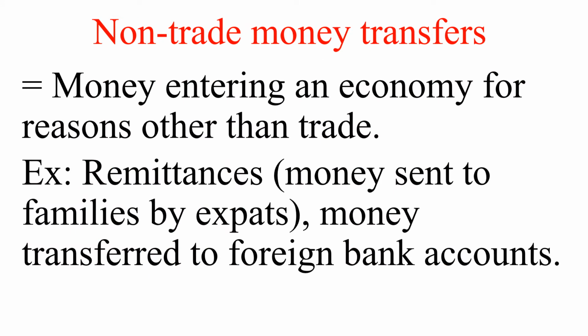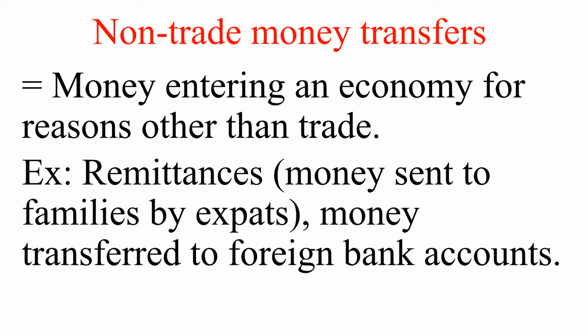One thing we need to discuss about foreign trade is that money does not enter a country only through trade. There are some ways that money is simply transferred without being a part of a trade relationship. So if you think about immigrants who are sending some of their savings back to their native countries for their families to take advantage of, this type of money is called remittances, by the way, in economic terminology.